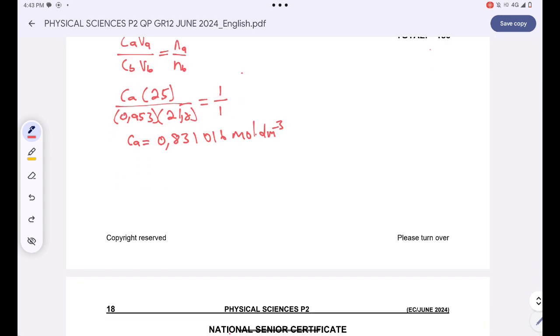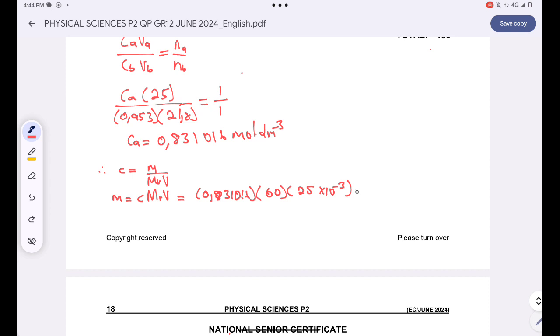Okay, I can therefore find the actual mass of my acid, because concentration is equal to mass all over the relative molecular mass times volume. Therefore, the mass of my acid is just concentration multiplied by the relative molecular mass multiplied by the volume. The concentration is 0.831016 multiplied by the molar mass of ethanoic acid, that's 60 grams per mole, and then the volume that we were given, it was just 25 multiplied by 10 to the minus 3.